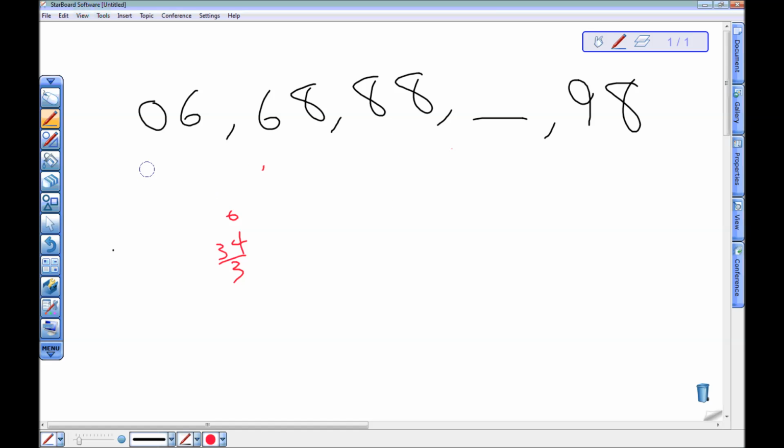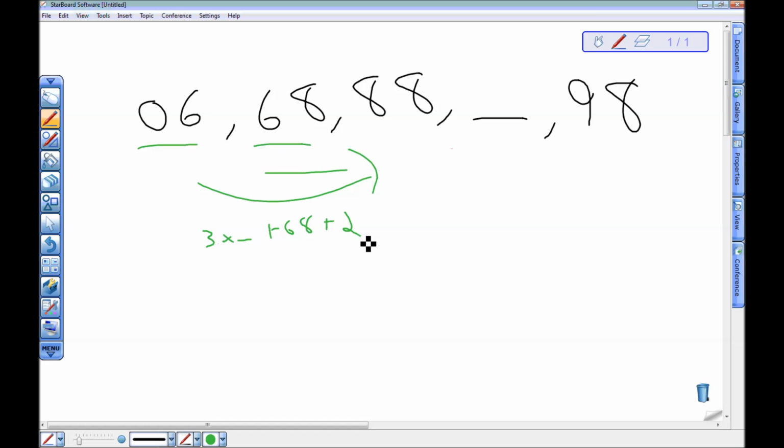If I look at two of these at a time, 6, 68, is there anything I can do to those together to give me 88? Well, to do that, I'd have to maybe multiply the 6 by 3 and then add 2. So 3 times the first thing plus 68 plus 2 would give me this.